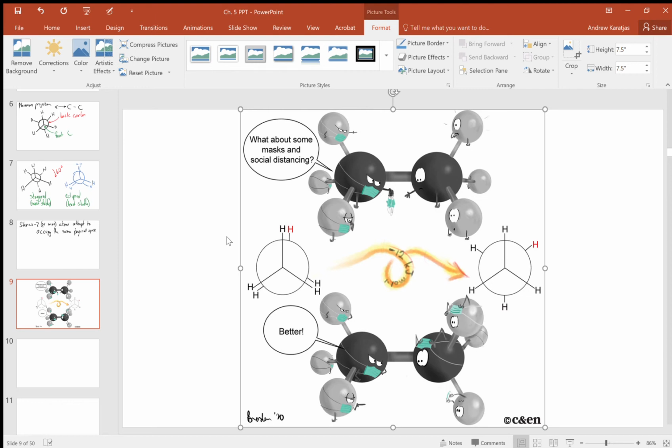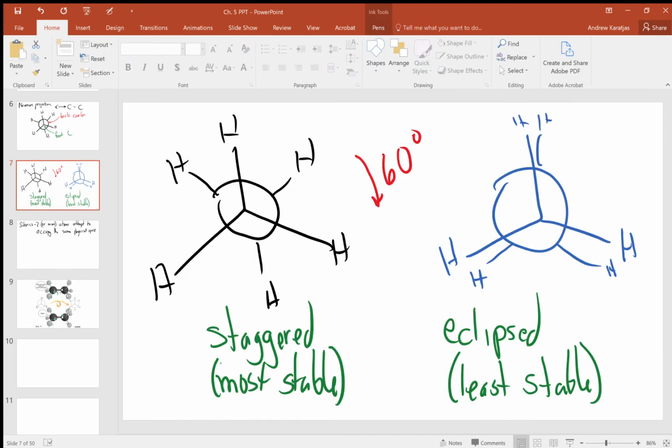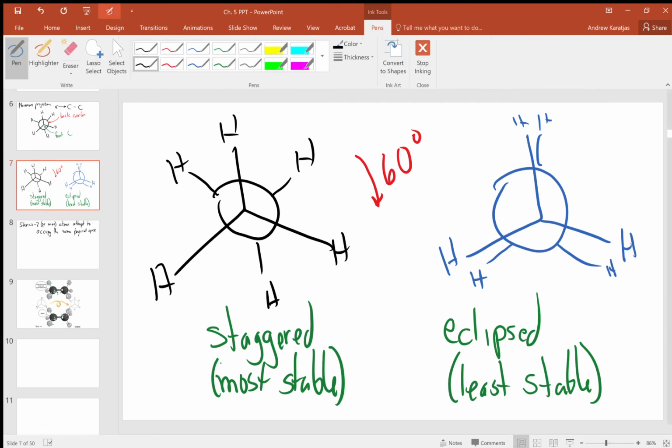Now, how big of an energy difference is it between staggered and eclipsed? For ethane, the staggered is about 3 kcals per mole more stable. Now, that doesn't seem like a lot, but that's actually enough that the staggered is favored about 99% to 1 over the eclipsed.